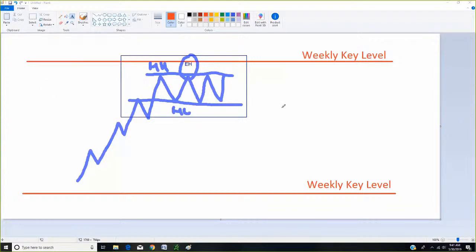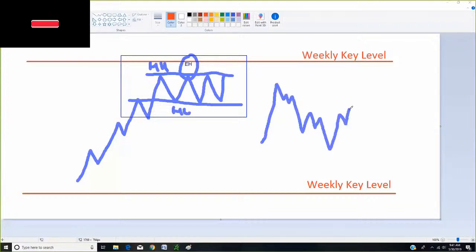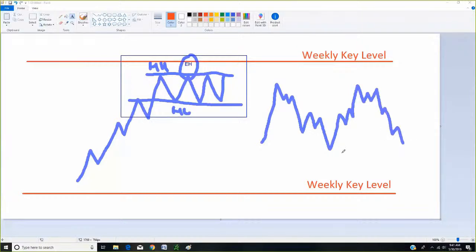But this isn't the perfect world. You and I both know a lot of times it looks like this, right? This is more of the reality. Well, guys, this is still sideways consolidation as well.